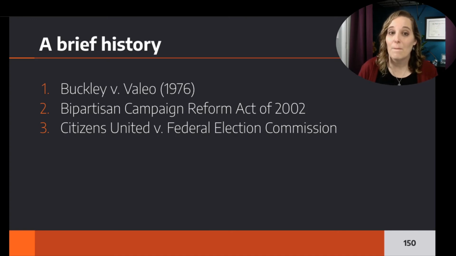Unfortunately, some of the main parts of the Bipartisan Campaign Reform Act were overturned in a court case called Citizens United versus the Federal Election Commission. Citizens United is our final required SCOTUS case, and it's really important that you understand what the impact of Citizens United is. Citizens United struck down provisions of BCRA that prevented or limited corporations from making political expenditures.